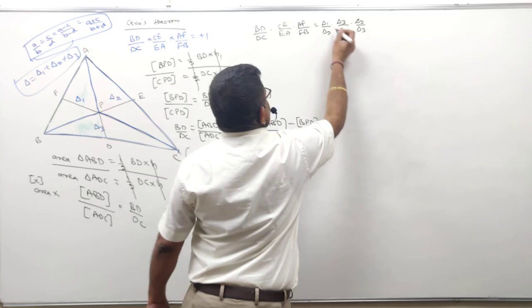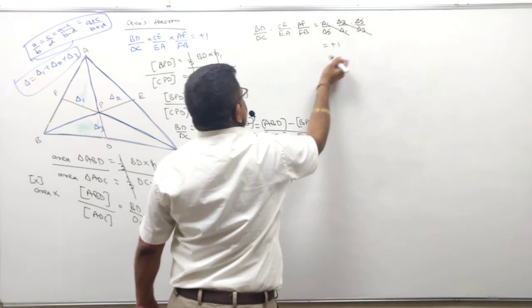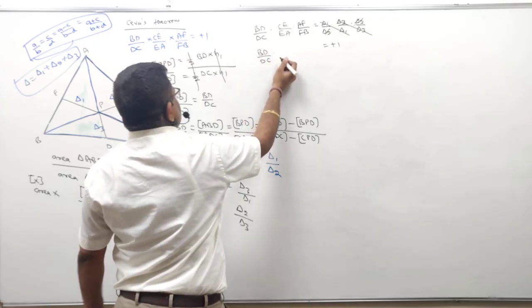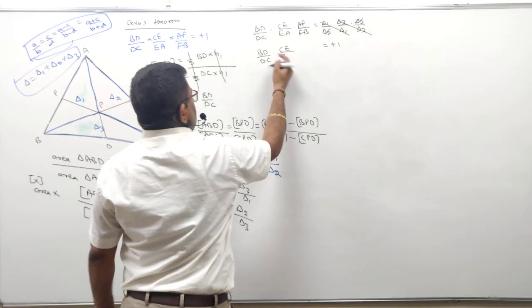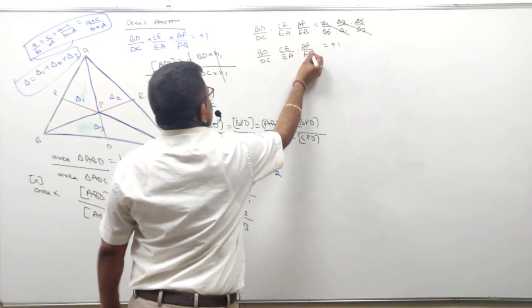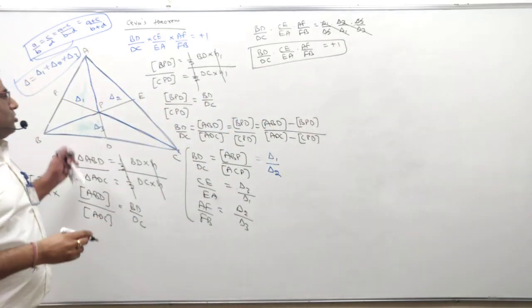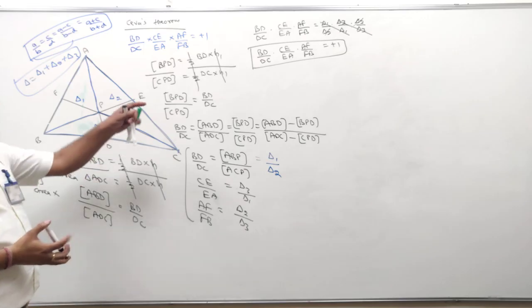We can easily see that all these will cancel out and it becomes plus 1. So we get a very important result: if the three lines are concurrent, BD upon DC into CE upon EA into AF upon FB comes out to be plus 1. Hope it is clear to all of you. That is, if AD, BE, CF are any three concurrent lines, then this is called Ceva's theorem.